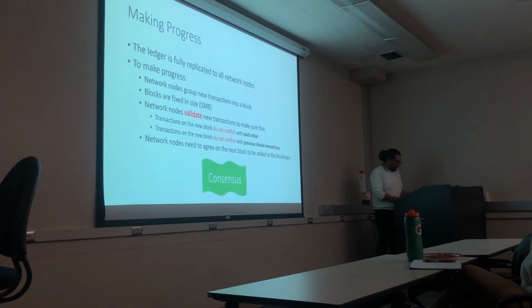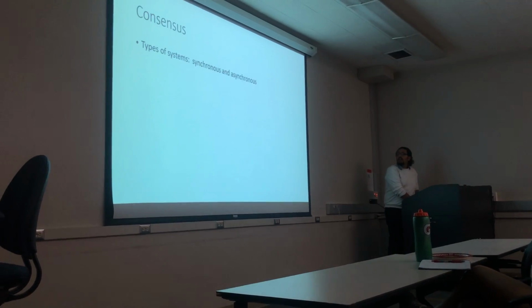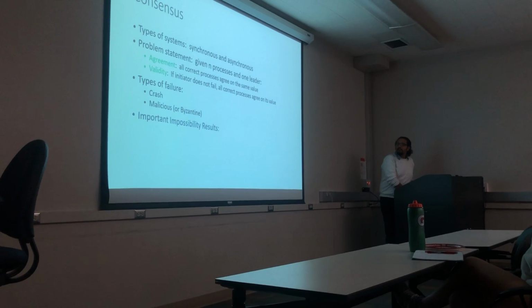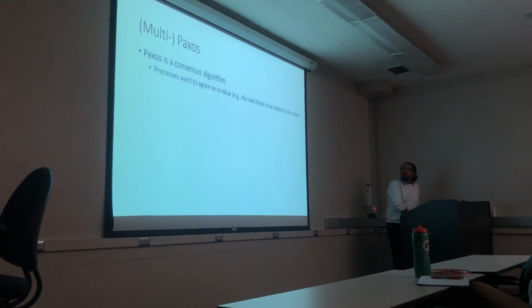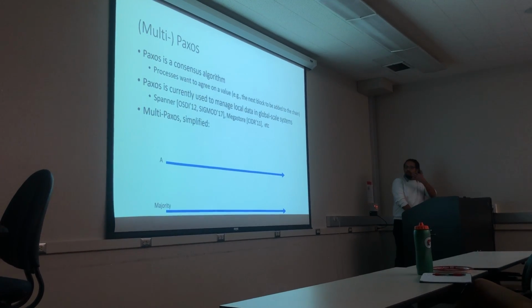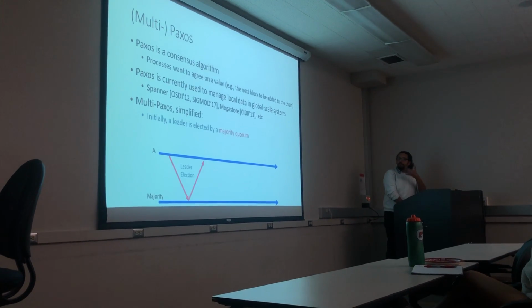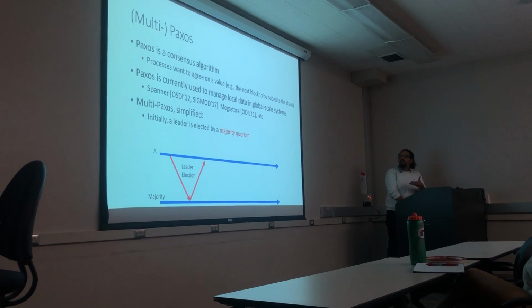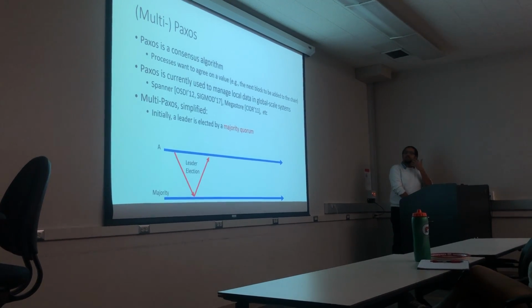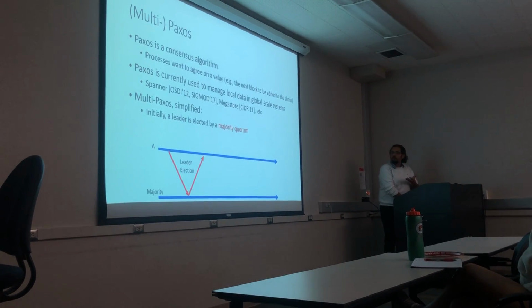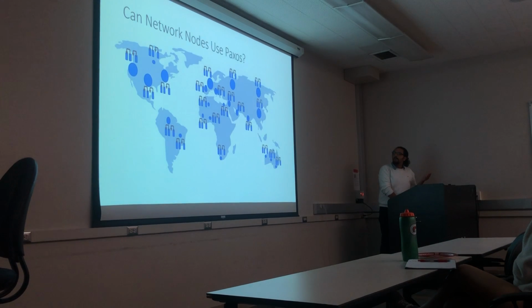That's the big question that Nakamoto is trying to answer. In the next slides, I'm not going to go over the details here, but the problem of consensus has been studied a lot in the literature, just assuming that we know who are the nodes that want to agree. Okay?